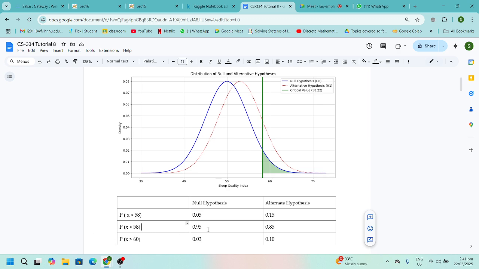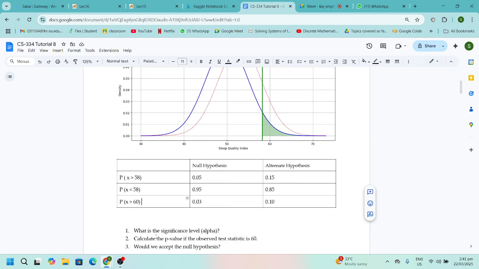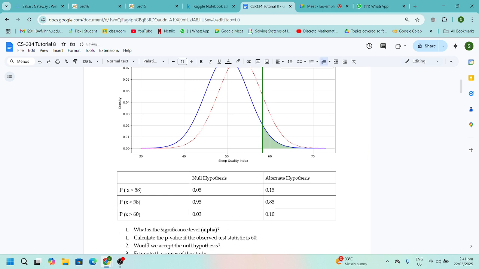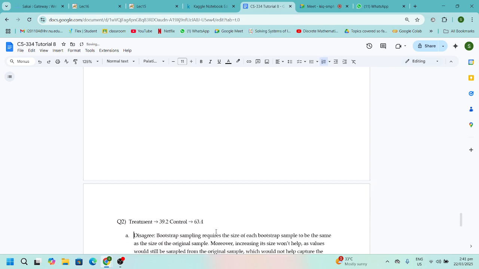Then I have it for less than 58 as well, and then I have it for greater than 60 as well. Now let's look at the first part, which we've already discussed, but to quickly go over this as well. What is the significance level, or what is alpha?